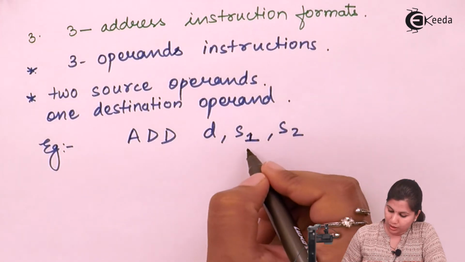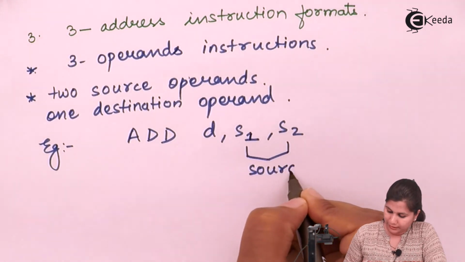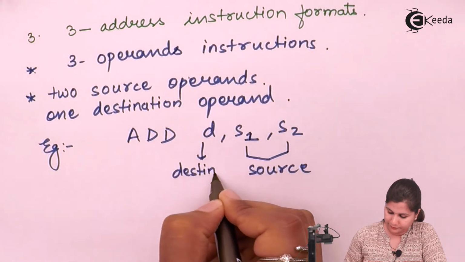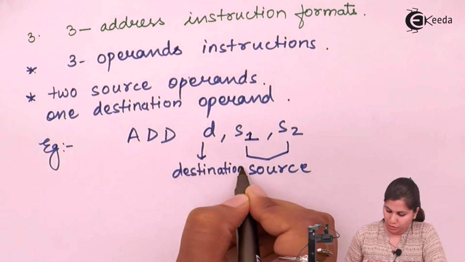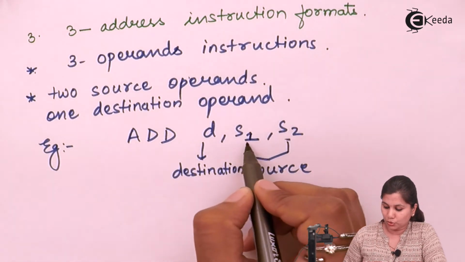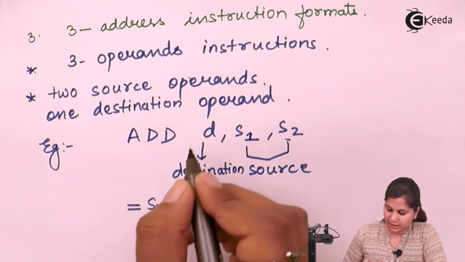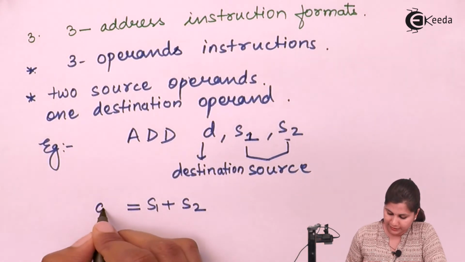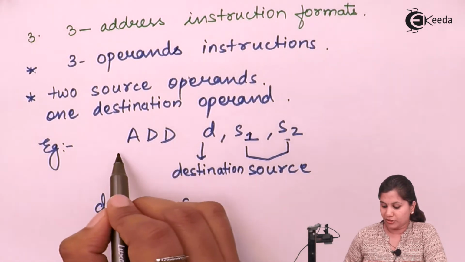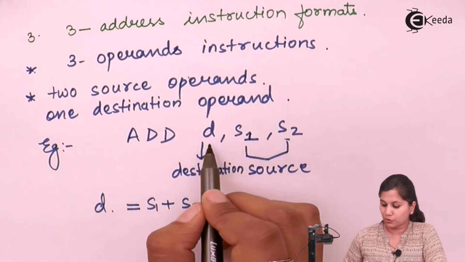So S1, S2 are the source operands and D is the destination operand. What this instruction is going to do is add the 2 sources, that is S1 plus S2, and the result of this addition will be stored at the destination. So this instruction will add S1 and S2 and store the result in the destination.